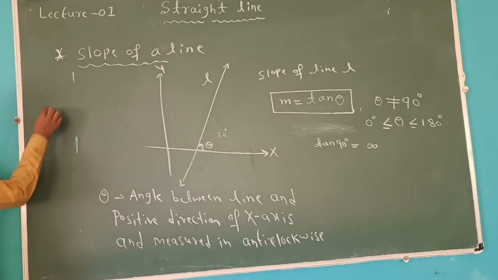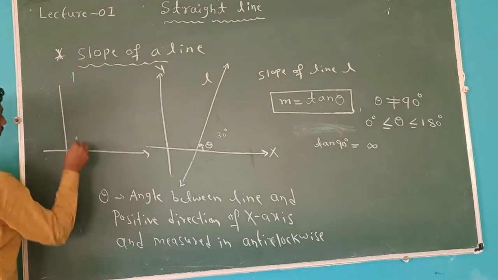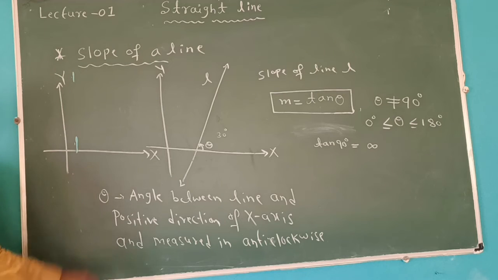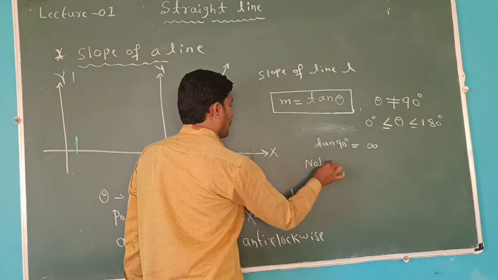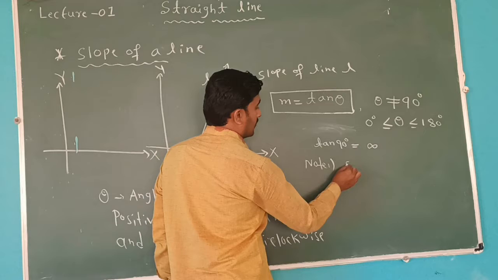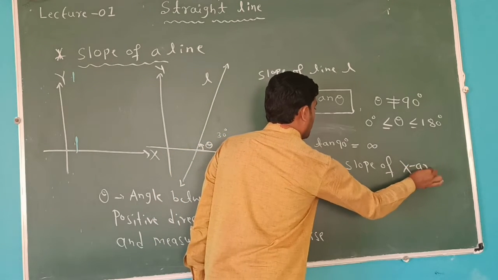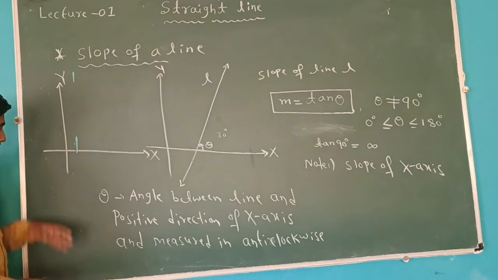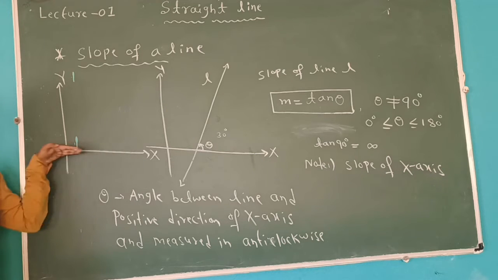Next, suppose this is the x-axis and this is the y-axis. Note number 1: the slope of the x-axis. What is the slope of the x-axis? The x-axis itself becomes a line.